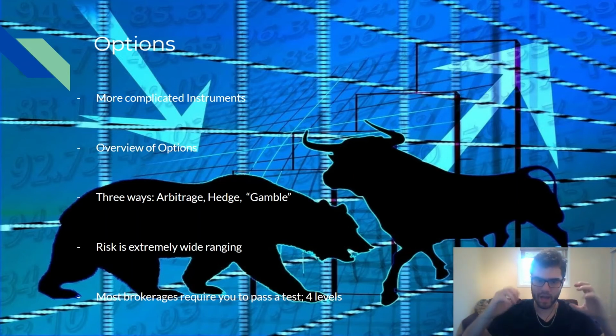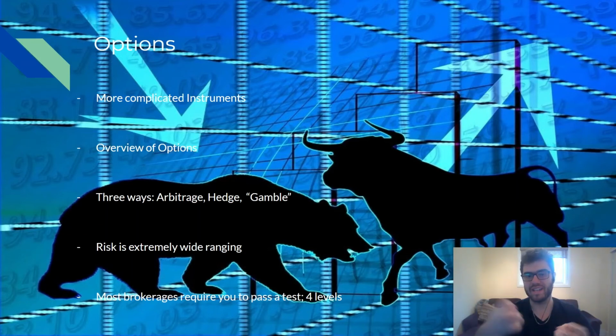So you have a higher risk, higher reward, but you're not invested in the actual stock itself, right? What that means is you can make a lot with a lot less money, but you can also lose a lot with a lot less money. Options also are a zero-sum game. What does that mean?